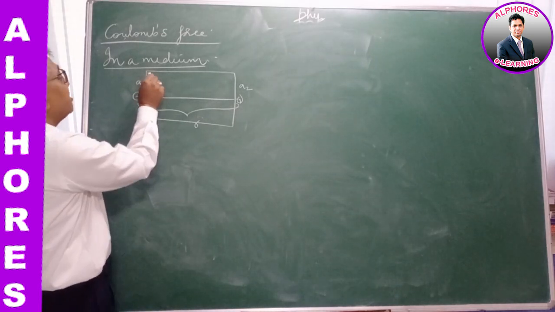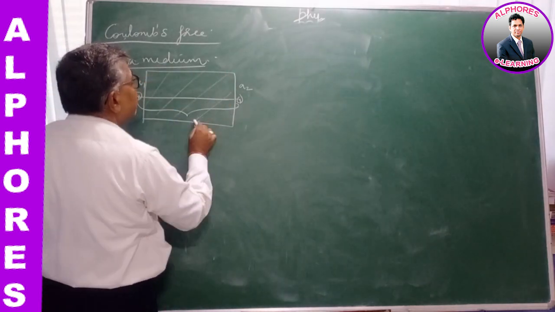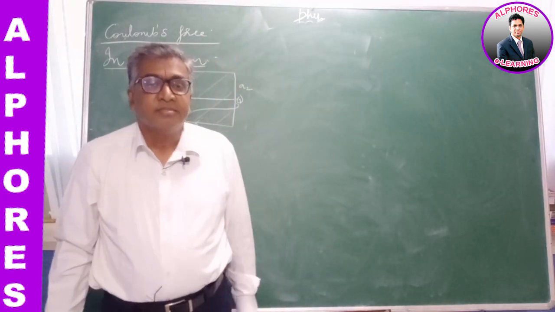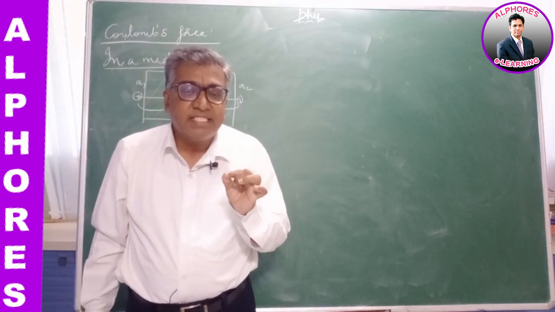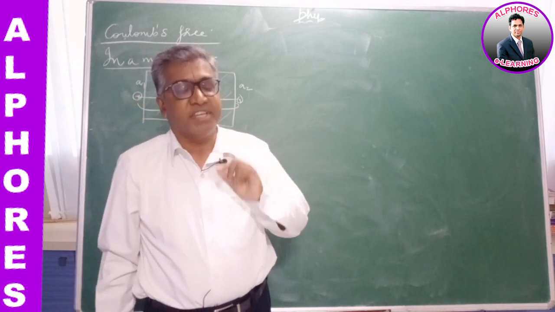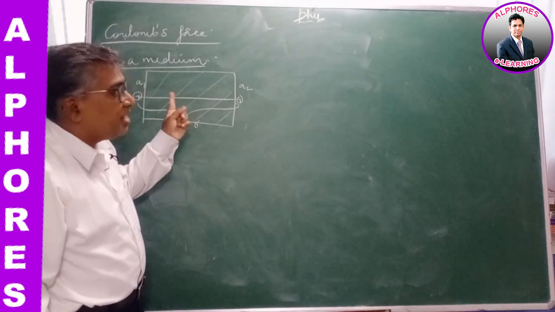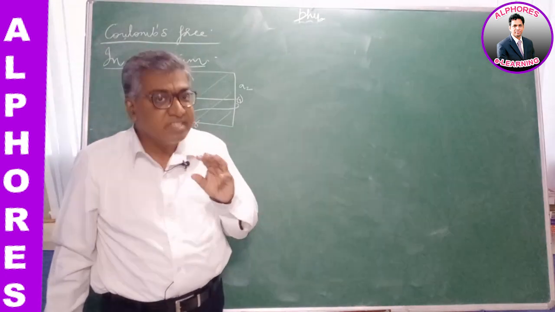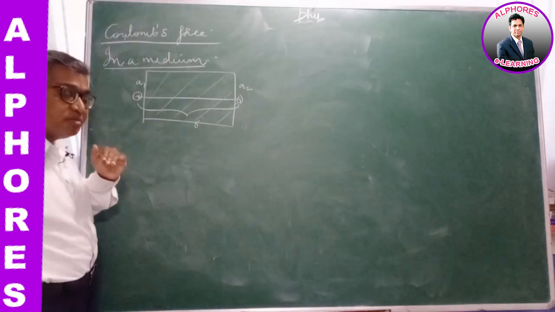Then what happens to the force? The force between the two charges is maximum when there is air, vacuum, free space between the charges. Any other medium between the charges always reduces the force. So the force decreases.